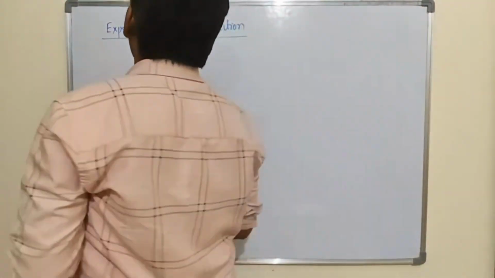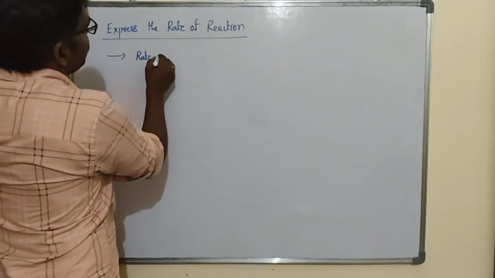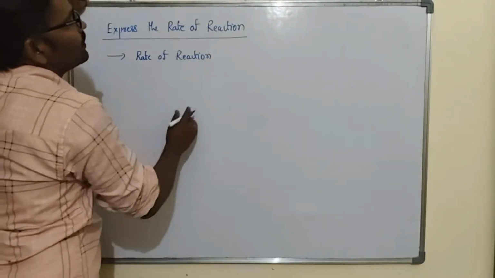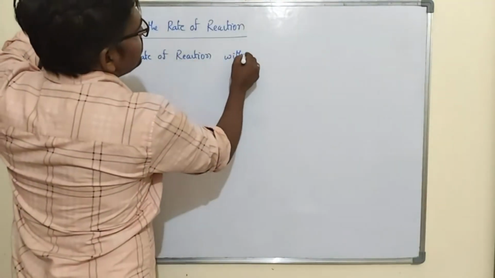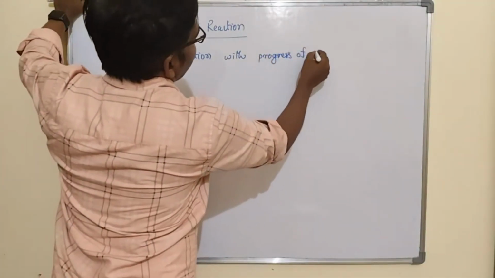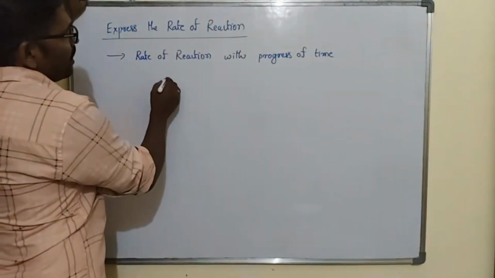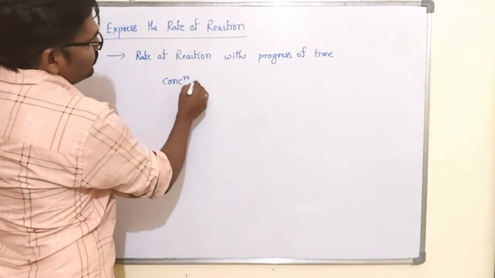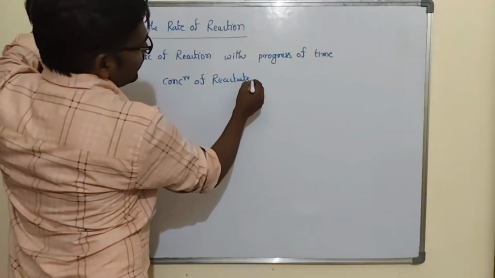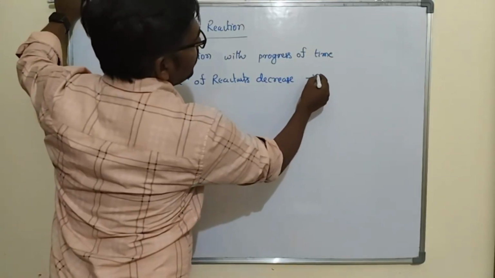So first, the rate of reaction with the progress of time: the concentration of reactants decreases, you have to take a negative sign.